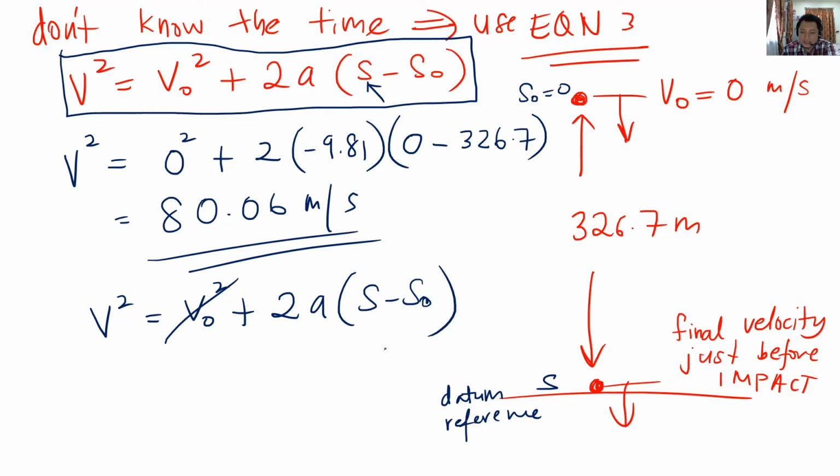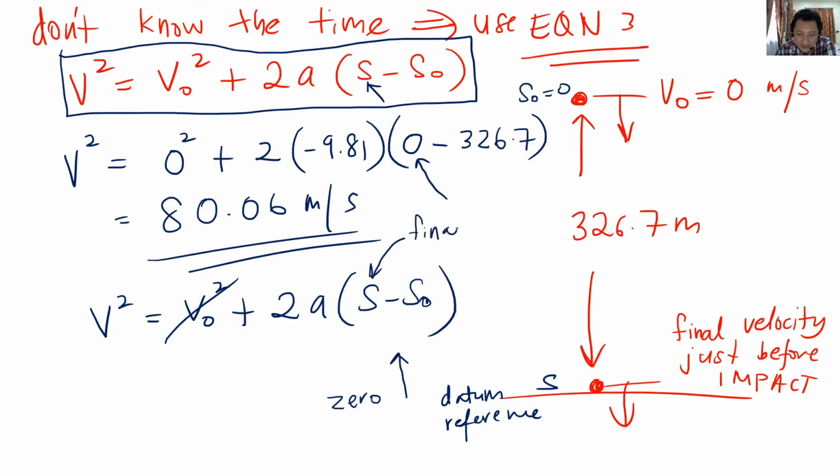So you might wonder why this is 0. Why this is 0? It's easier to take a datum reference as 0. So ground is 0. We take positive going up, displacement as positive. So since final location is on the floor, so this is final, right?